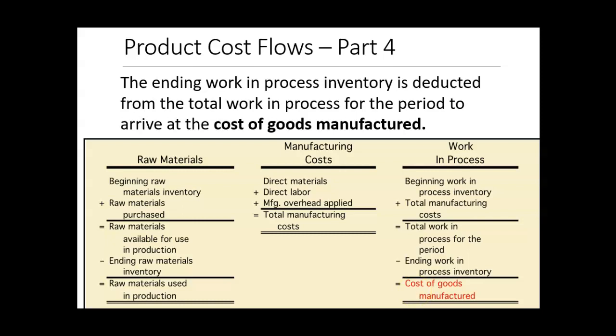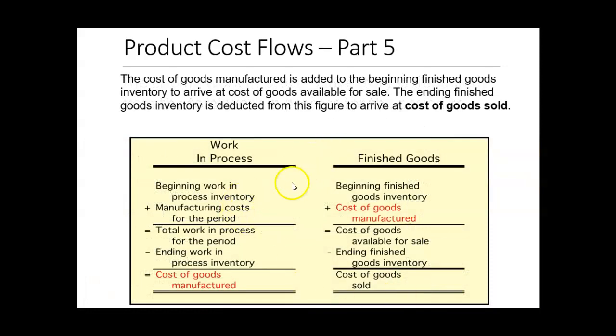That will show the total cost that was transferred from work in process during the course of the accounting period over to your finished goods inventory account. So from a schedule perspective, the cost of goods manufactured is transferred from work in process over to finished goods.